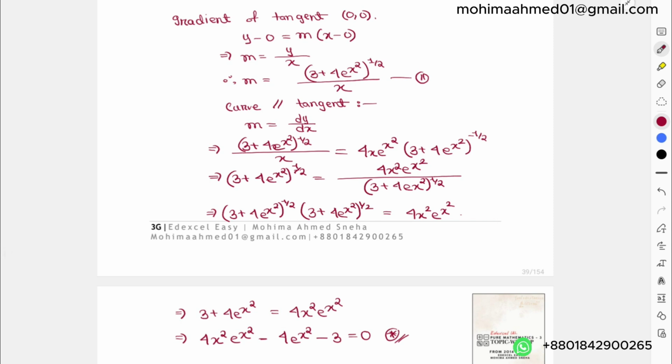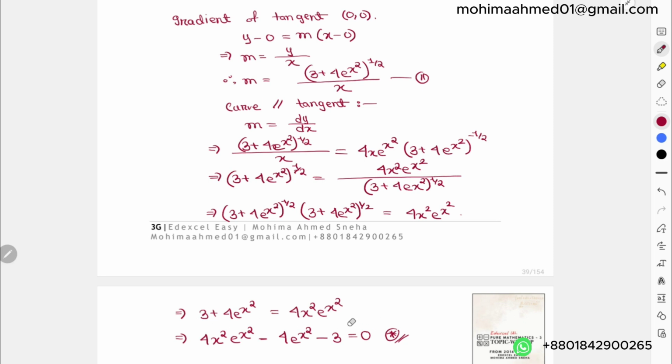I cannot insert alpha into any random equation and get any value because alpha is itself unknown, right? So my idea was that since point P was the intersecting point of my curve and tangent, I'm going to write an expression for curve equals tangent, and that equation's solution is going to be the x-coordinate of P. But since I do not have the equation for the tangent, we're going to use the equation for the gradient and the equation for the curve to get to the final intersecting equation.